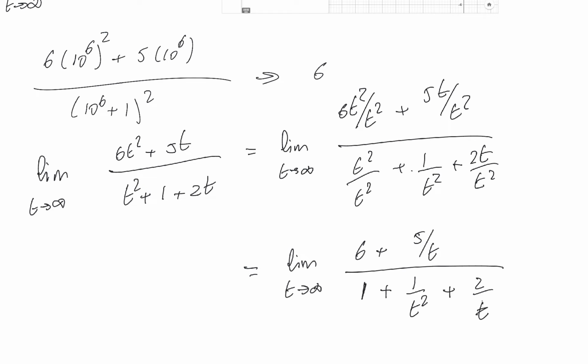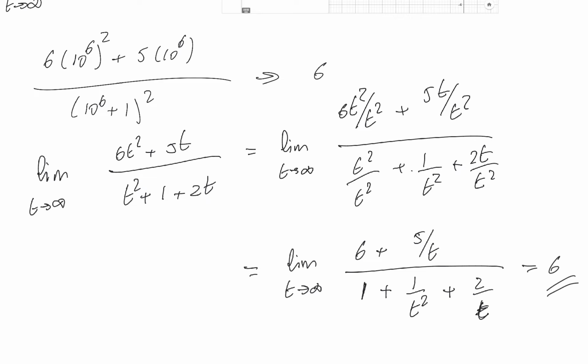So as t goes to infinity, these terms go to 0, because 1 divided by a big number goes to 0, and 5 divided by a big number goes to 0. So the limit goes to 6.